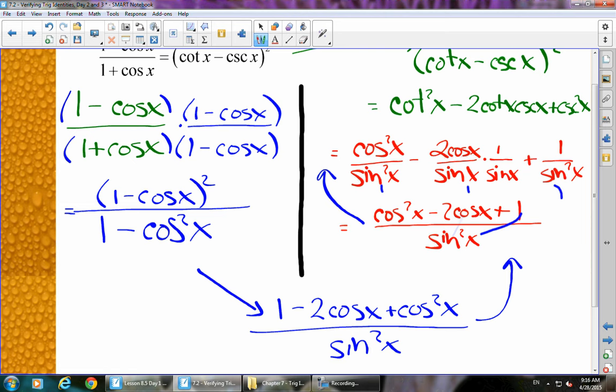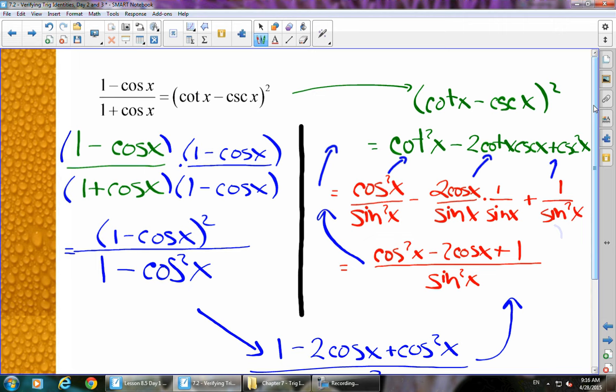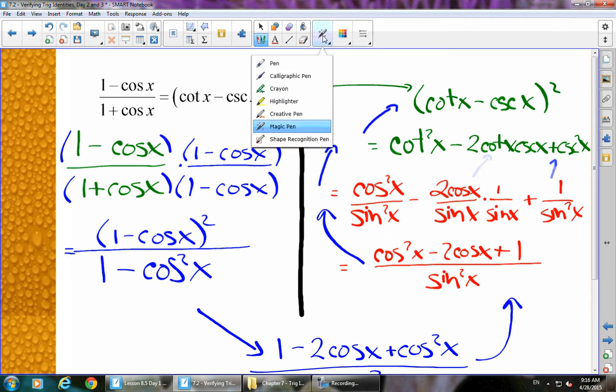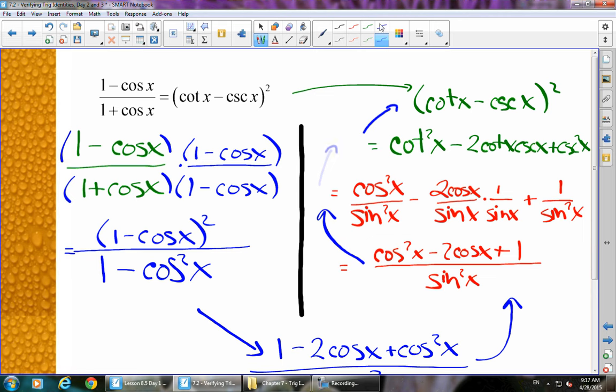And then from there, each of these will turn into each of those, which then allows me to factor it out into this, which means that big check mark, Q.E.D.